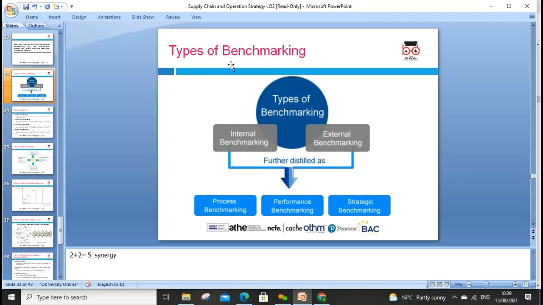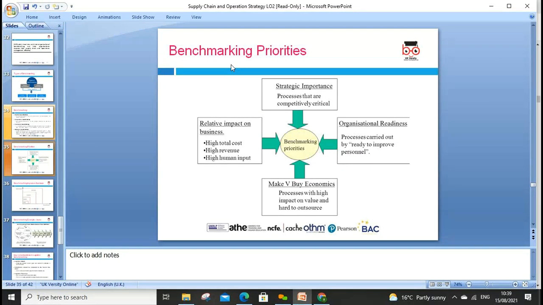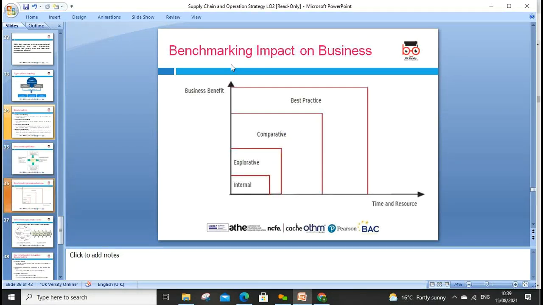Okay, no problem, that's fine, as long as you hear me. So synergy means we work as a team and we can reduce costs, we carry on continuous improvement, and that will help. So internal benchmark, we can do competitive benchmark, functional is the departmental, and strategic is the long-term benchmark, and we'll carry on changing. For strategic, important are organization readiness, how quick, and the market value by economies, and the relative impact on the business.